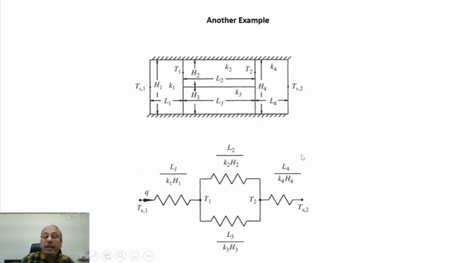Between T2 and Ts2 we have thermal resistance given by L4 divided by K4 into H4, and between T1 and T2 these resistances are in parallel. So the top one is given by L2 divided by K2 into H2, and the bottom part of the resistance is given by L3 divided by K3 into H3.